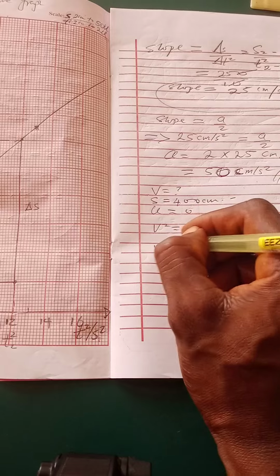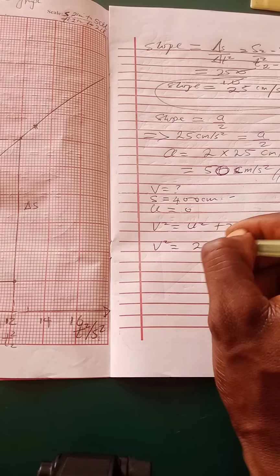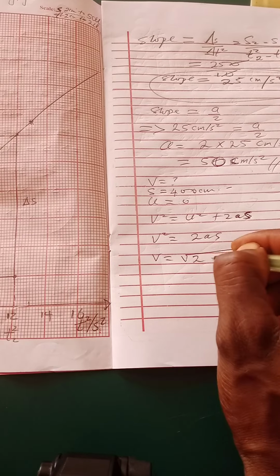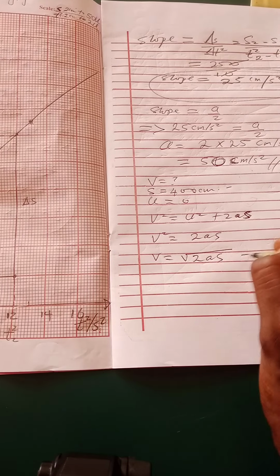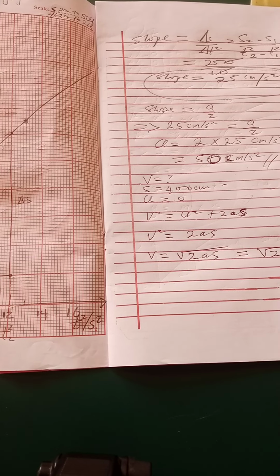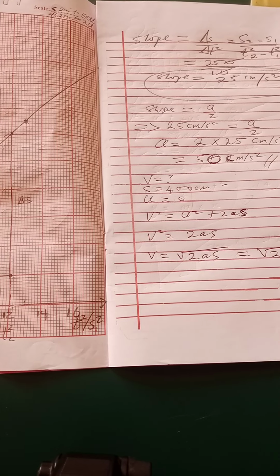So we have v square is equal to 2as. So v is equal to the root of 2as. So this is the same thing as the root of what? 2 times 50 times 400.